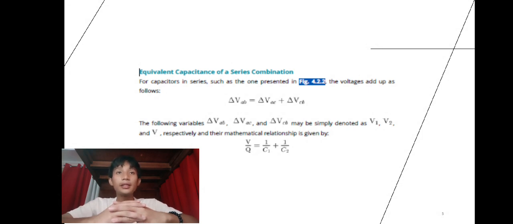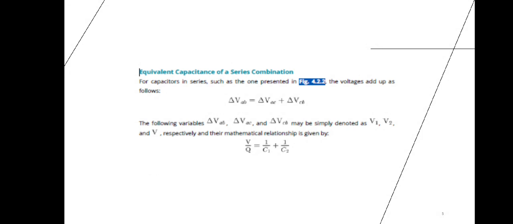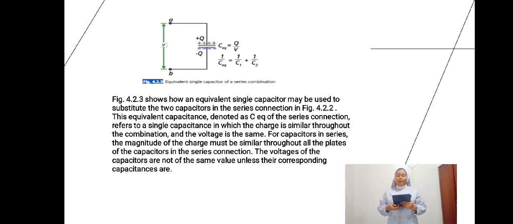And their mathematical equation is given by V divided by Q equals 1 divided by C1 plus 1 divided by C2. Figure 4.2.3 shows an equivalent single capacitor that may be used to substitute the two capacitors in the series connection in figure 4.2.2.